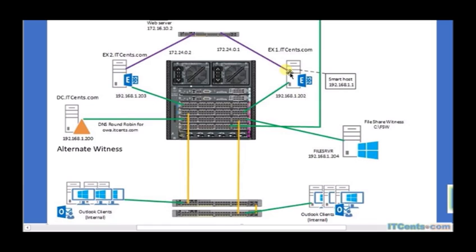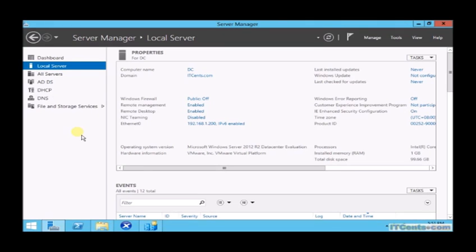So EX1 is hosting active copies. If I turn off EX2 and the file share witness after enabling DAC mode and the alternate witness, you will see the active copies on EX1 will go down, right? Because I will lose the majority, 2 out of 3 gone. So I'm back on the DC.